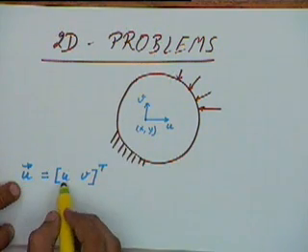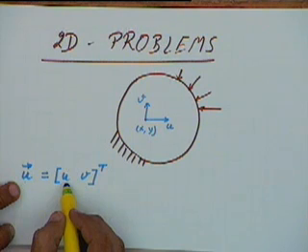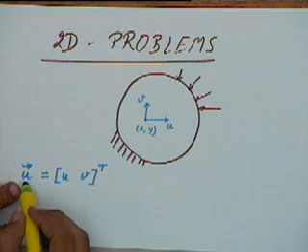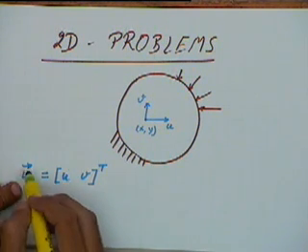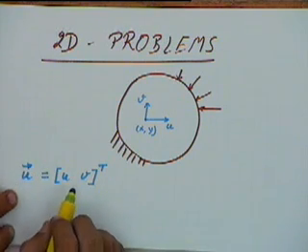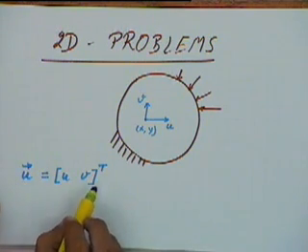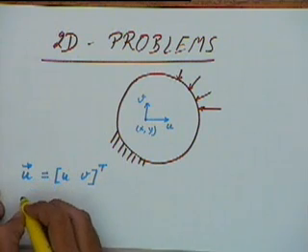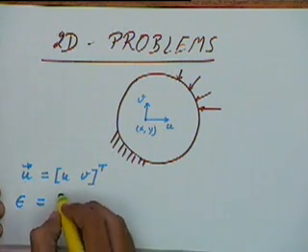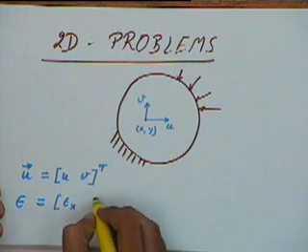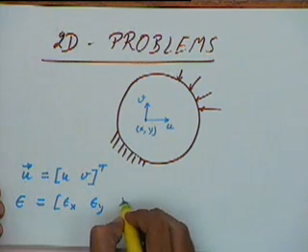This vector u and this u are different. Okay, this is a vector u and this is a scalar quantity which is a deformation in the x direction. Okay, we might not put this arrow every time, but by the context it should be clear. Okay, then the strain epsilon will be given by epsilon x, epsilon y and gamma xy.